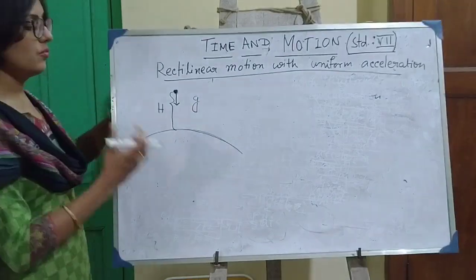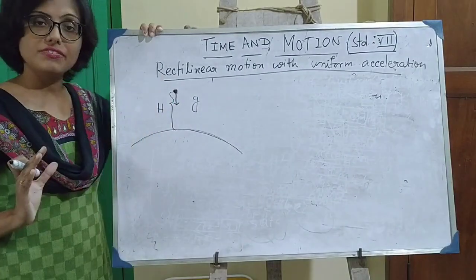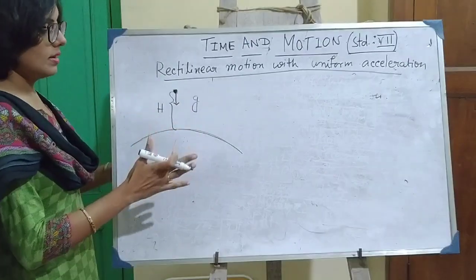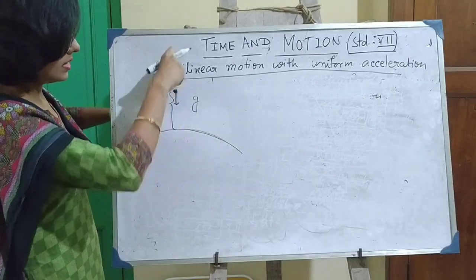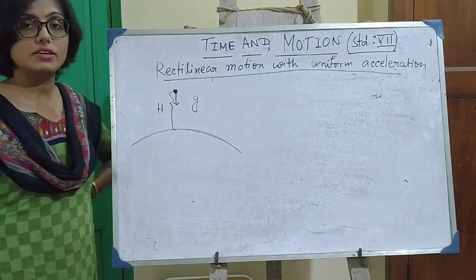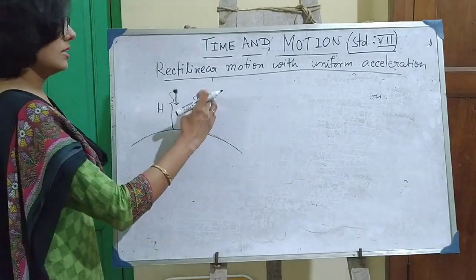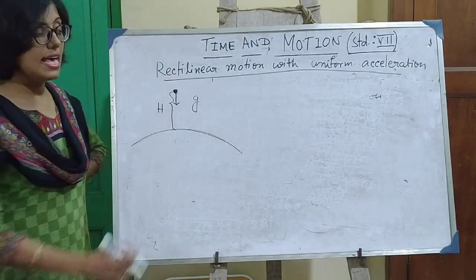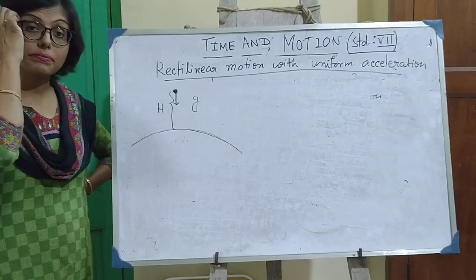Because the external force acting on the body is gravity, and since the body is moving in the downward direction due to the gravitational pull of earth, the acceleration with which the body is moving is nothing but the acceleration due to gravity.